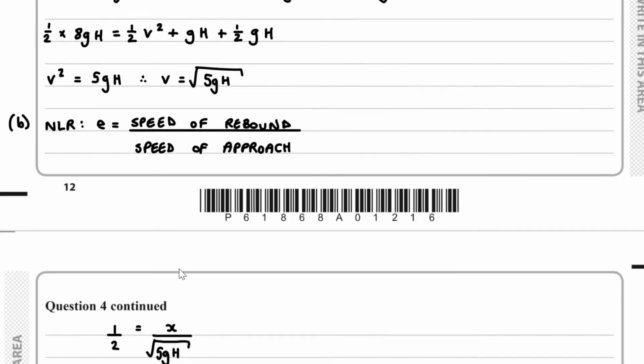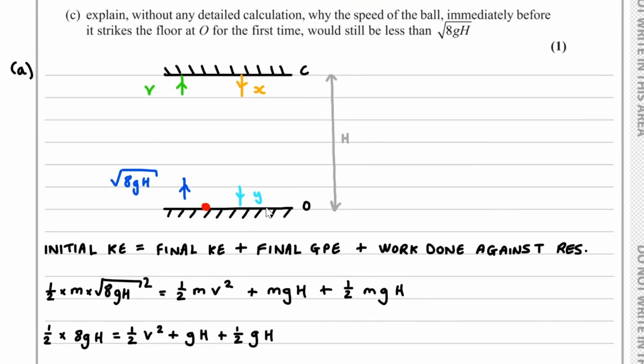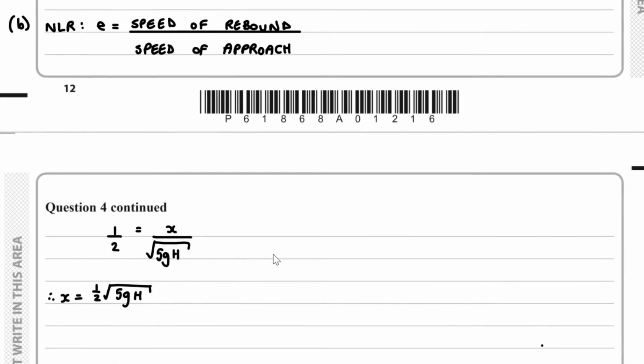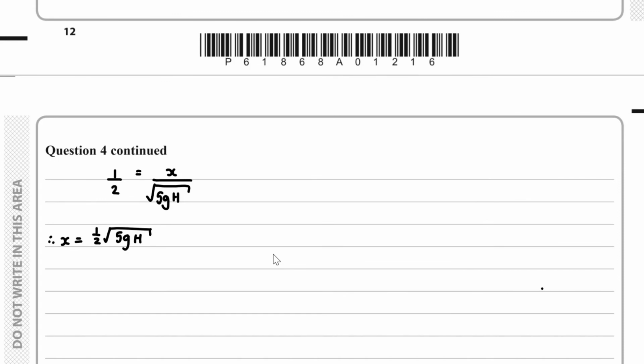Now, to find out the final speed over here, we can consider the work energy principle. Through the work energy principle, we've got the initial kinetic energy that's at the ceiling plus the initial gravitational potential energy.